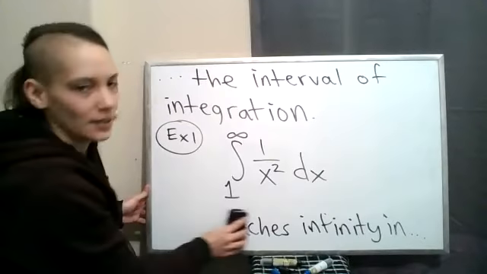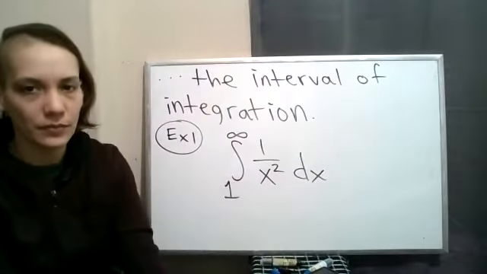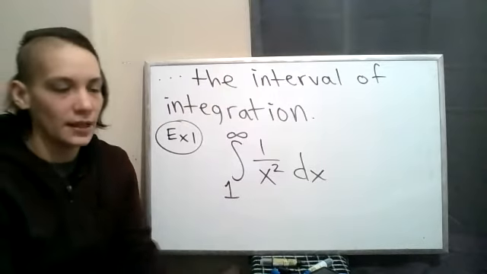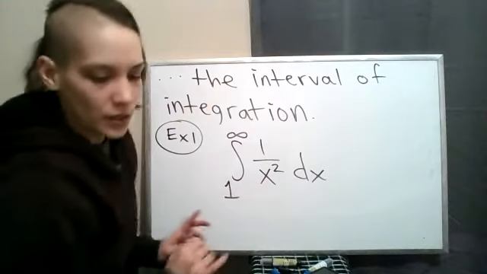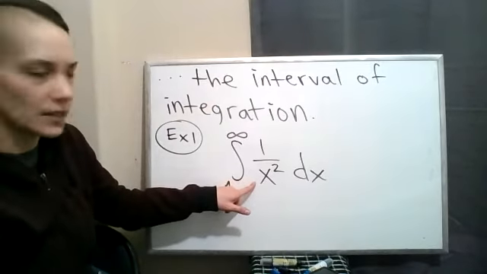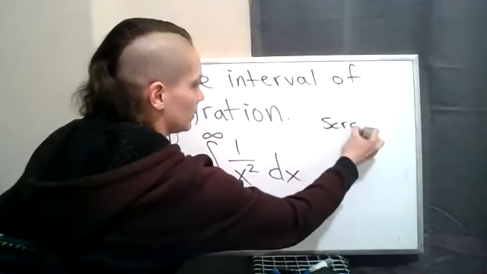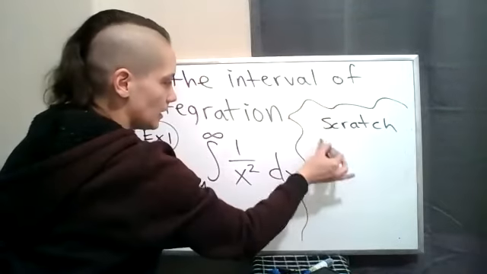Okay. So before we just jump into using the definition, we're going to do some scratch work and draw a picture. So a little piece of the graph of 1 over x squared looks like this.